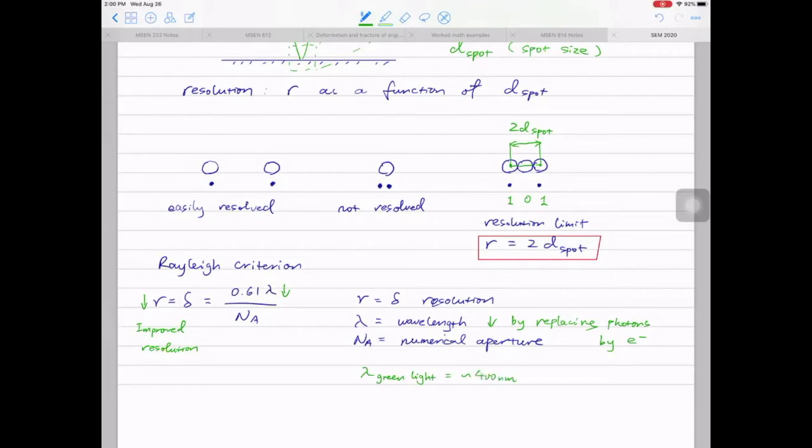For electrons in the microscope, the wavelength is around 0.01 nanometers or even less. You can see orders of magnitude difference between visible light and electrons. One is 400 nanometers, another is like 0.01 or even less.